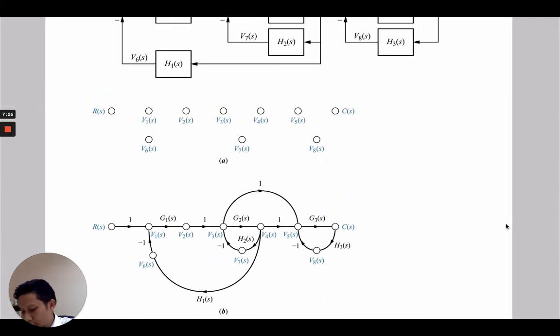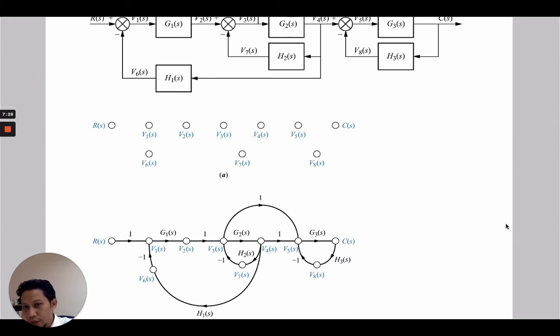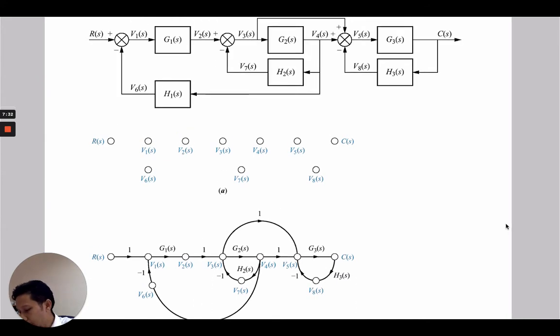So we have a connection between RS and V1. RS and V1 are connected. There is no system there, no square box, so we can say that R is connected to V1 with a unity system, 1.